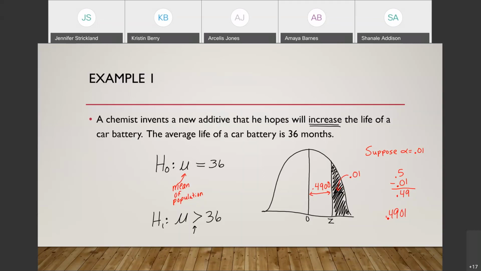That's the closest you can get to it. And so now I'm going to read off that z-score that goes with it. What is it, Jason? 2.33. Okay, so 2.33. It's going to be that z. That's going to be my critical value. All right, okay there?